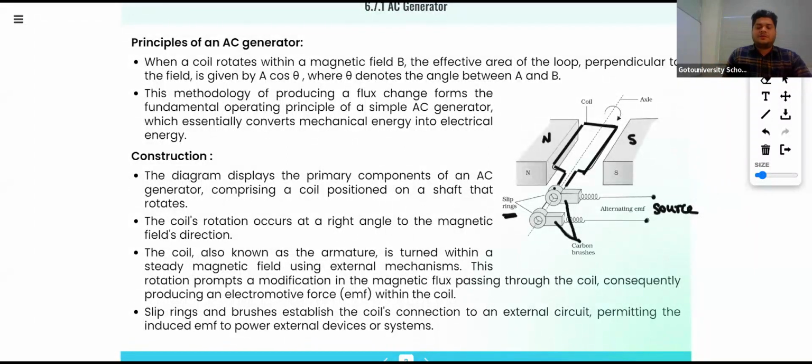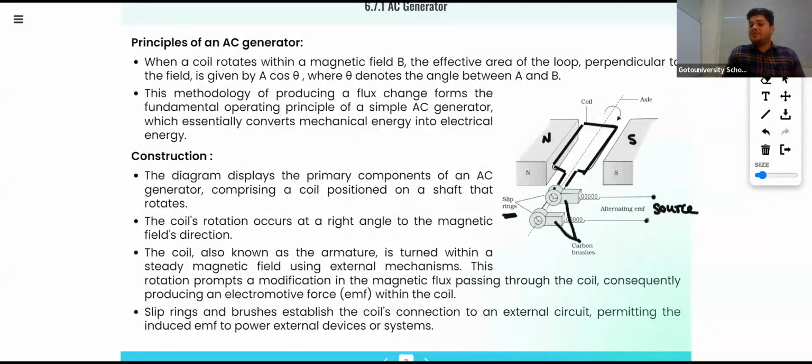So we have the armature coil. That armature coil is connected to slip rings. What is the purpose of slip rings? To maintain continuous contact with the armature coil. Slip rings are copper, and they are connected to carbon brushes.